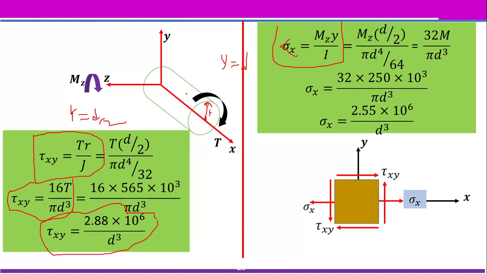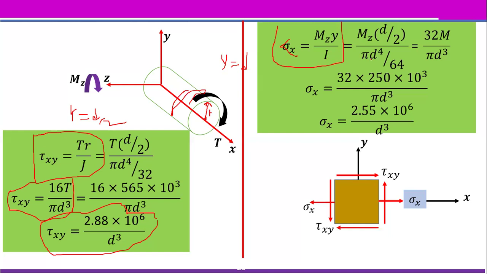So shear stress and normal stress are both maximum on the outer periphery, or the outer surface of the shaft. So if you substitute these values, well, I is the moment of inertia of the shaft.